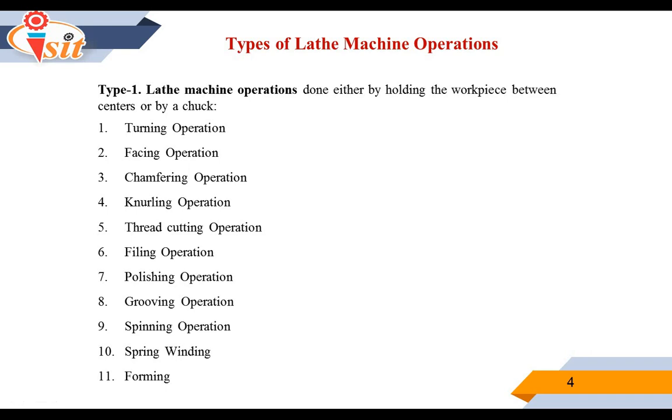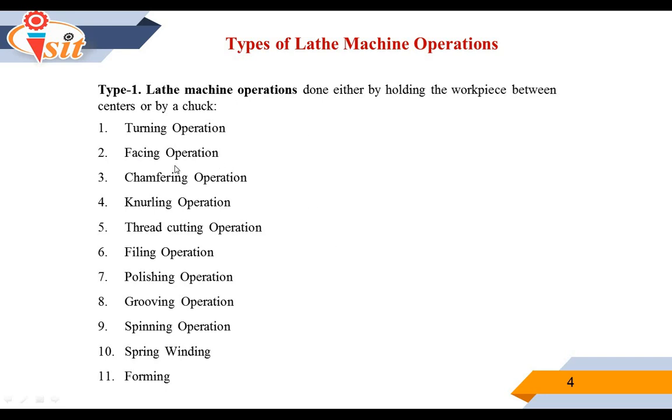Next, these are the different types of lathe machine operations. Generally there are three types of lathe machine operations. The first type is operations done by holding the workpiece between the centers or by a chuck.